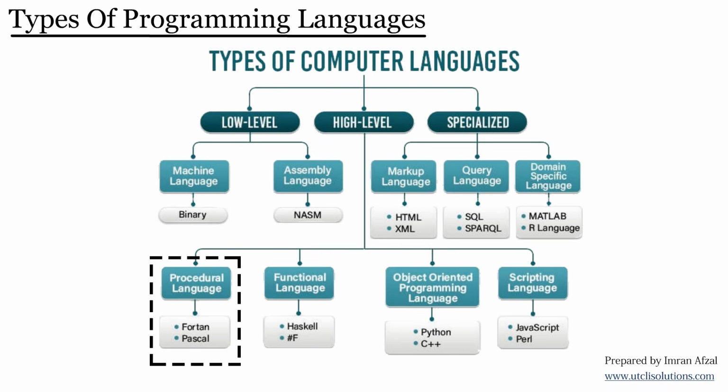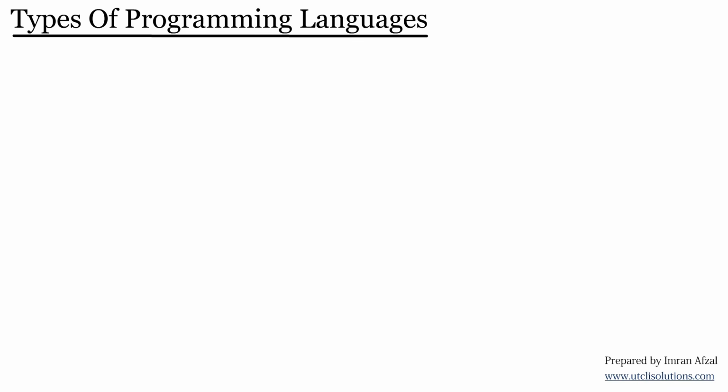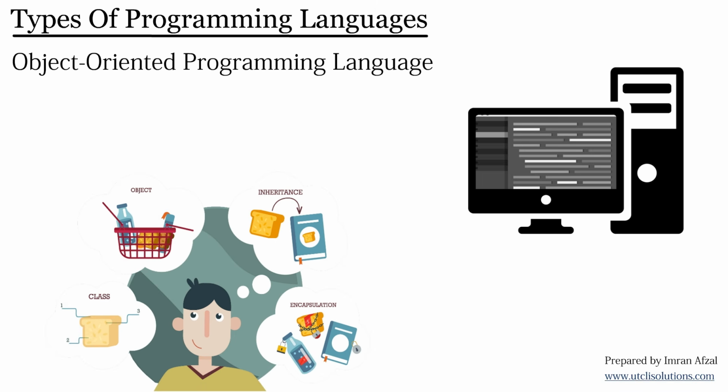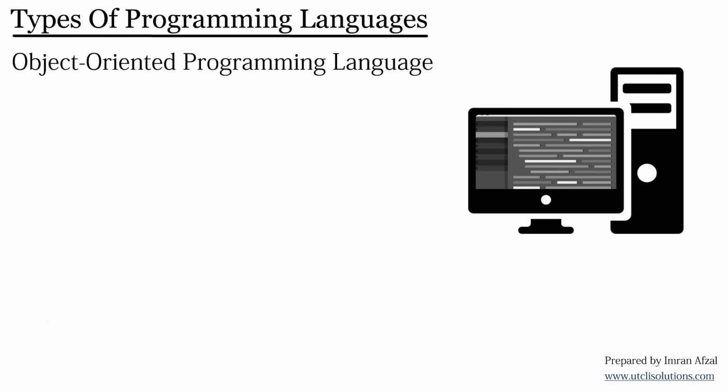The next one is Object-Oriented Programming Language, which is the primary focus of our course. The OOP, which is short for Object-Oriented Programming, organizes the code around objects. Now, what is an object? An object can be anything that you see around you.